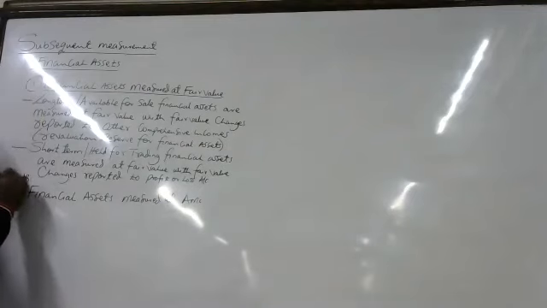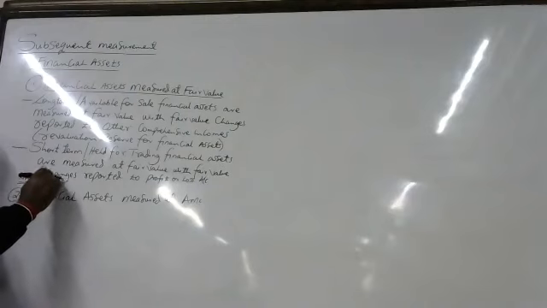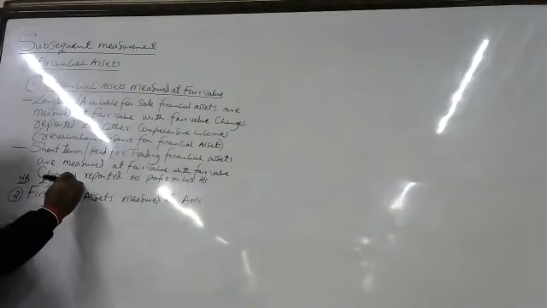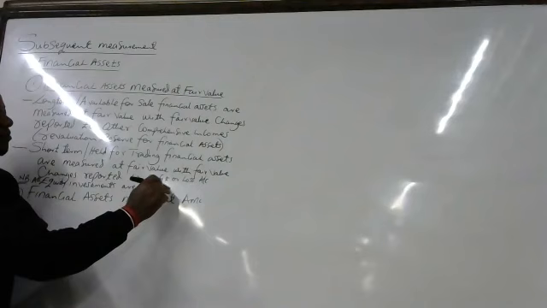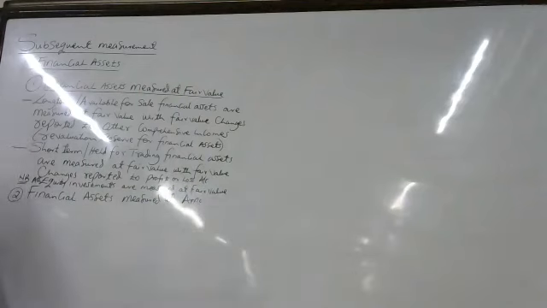Those measured at fair value include equity investments. All equity investments are measured at fair value. That is, if you have an investment in shares of a company, there is no other option. We measure them at fair value.